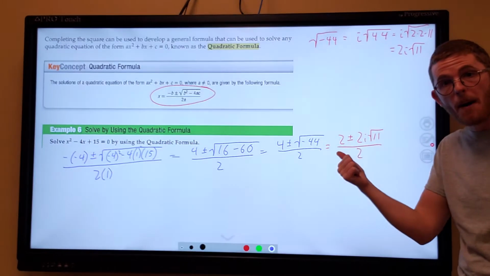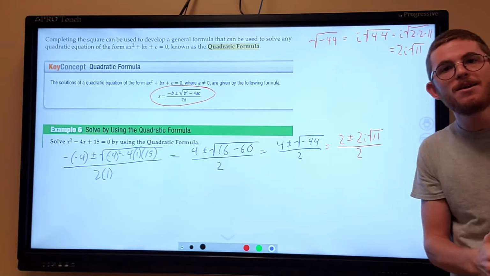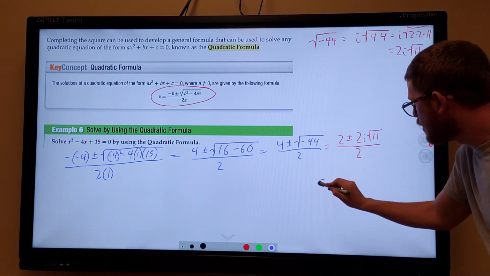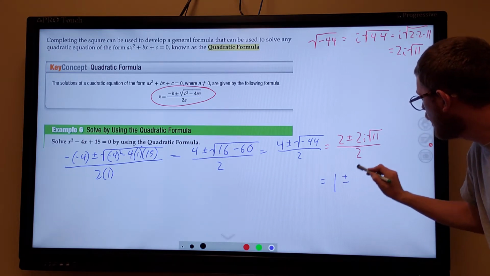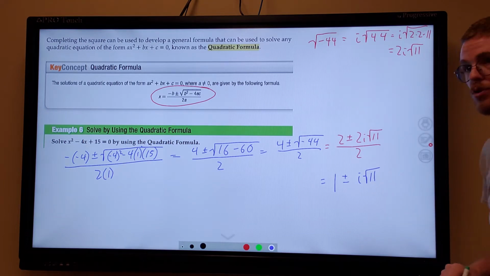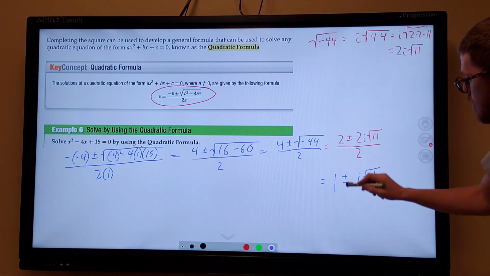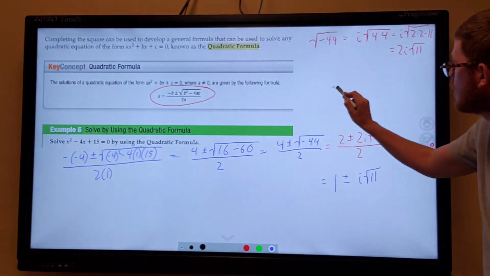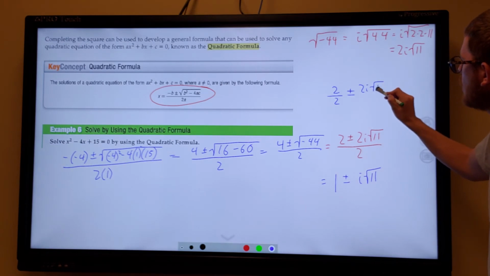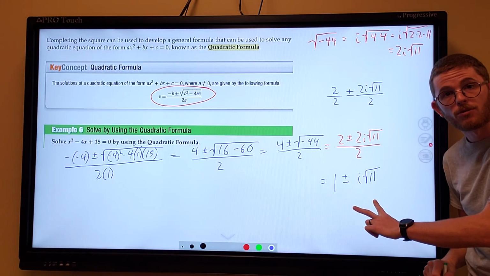Notice this is a complex number, so we want to give it a real part and an imaginary part. When we divide, we have 2 plus and minus i root 11. Okay, notice what happened right there. When I just simplified, I did it kind of quick, that was 4 over 2 plus and minus 2i root 11 over 2. Those simplified to be this right here.